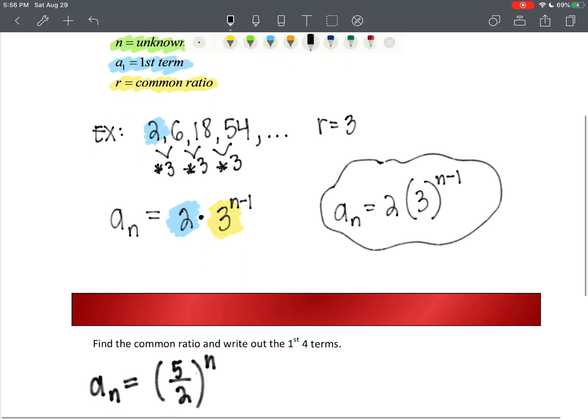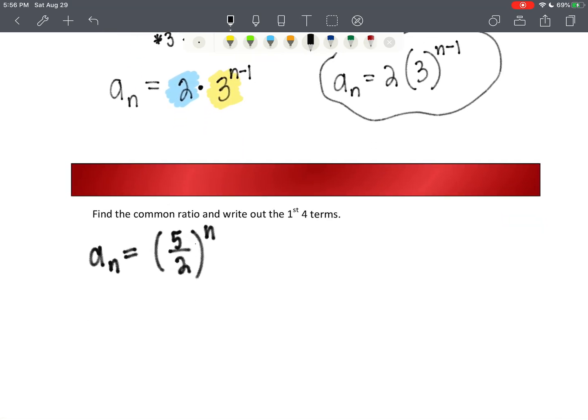So let's go backwards. If I'm given a sub n equals 5 over 2 raised to the nth power, what is the common ratio? Well, your common ratio is the value that's in parentheses. It's called the base. So the base is 5 over 2.